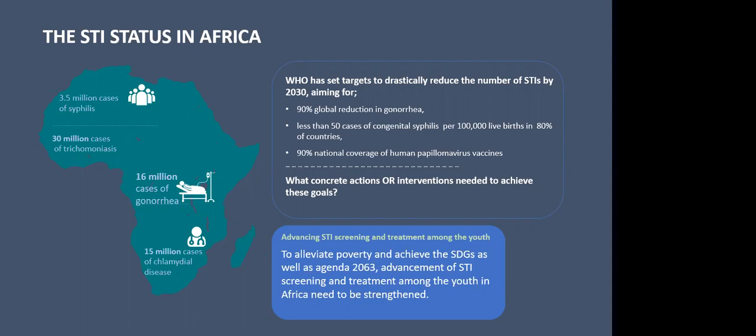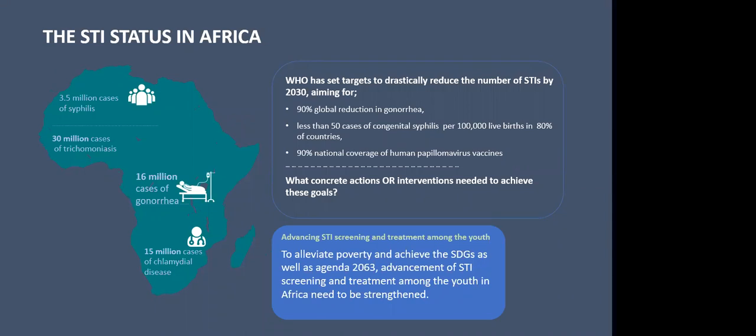So for me, from where I sit, I would also want to do identification of asymptomatically infected persons, and also the symptomatic persons, and help them seek diagnosis and treatment, because sometimes the youth come to the facility with probably just a pinpoint problem, but as healthcare workers, when we do STI screening, we find that, okay, asymptomatically they don't present with symptoms, but once you offer the screening to them, you find out that there are issues around the STI that need to be managed.